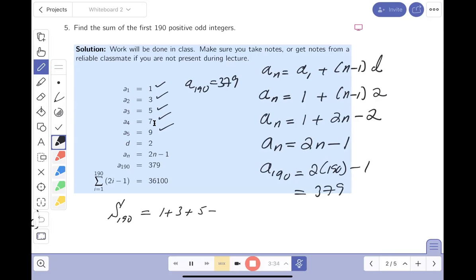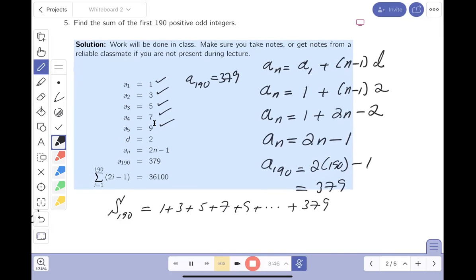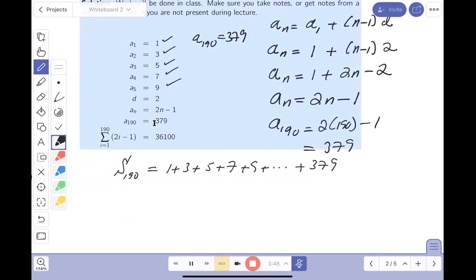1 plus 3 plus 5 plus 7 plus 9 plus yada, yada, yada. That's a lot of yadas, up to 379. Now, by the way, I'm not saying you couldn't do it this way, but we have a formula for it. And let's write the formula down for you. So the formula for S190 is, well, let's write the formula for Sn down first.